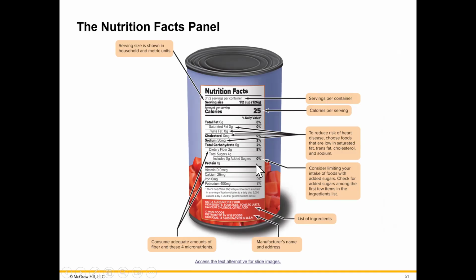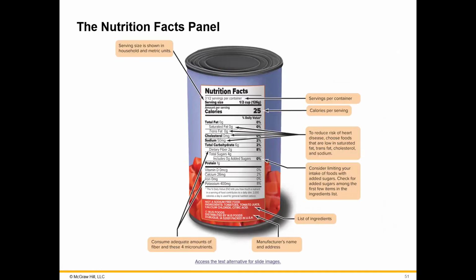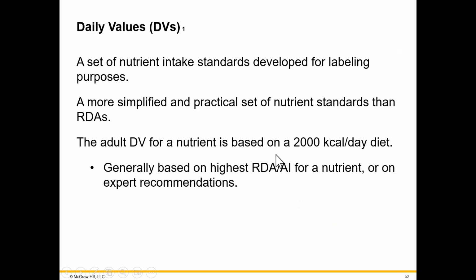The percent daily values oftentimes would confuse people. It's very valuable, though. It's a quick method to compare, like peaches to peaches, soups to soups, if you're comparing foods. But just take that into consideration. It is based on a 2,000 calorie diet. So if you're not on a 2,000 calorie diet, you're either going to need more or less.